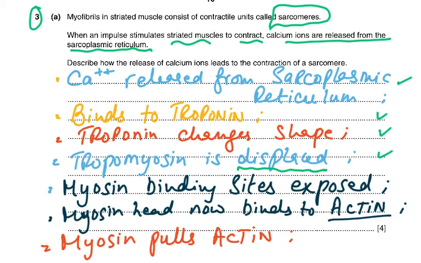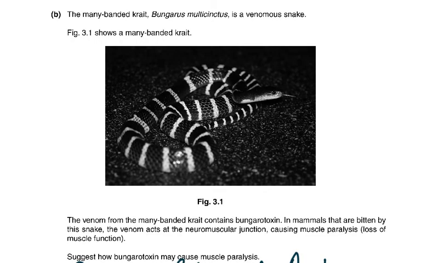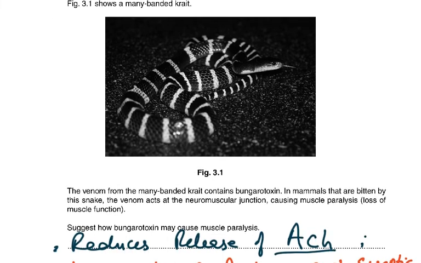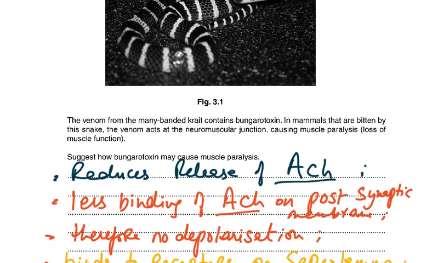So makes sense. The many-banded krait, Bungarus multicinctus, is a venomous snake. The venom from the many-banded krait contains bungarotoxin.